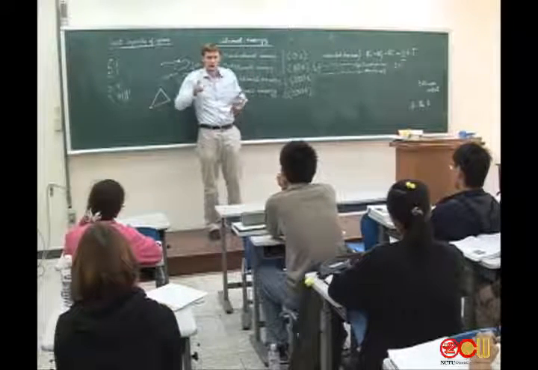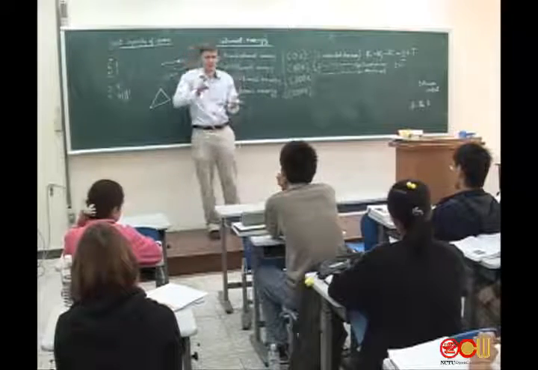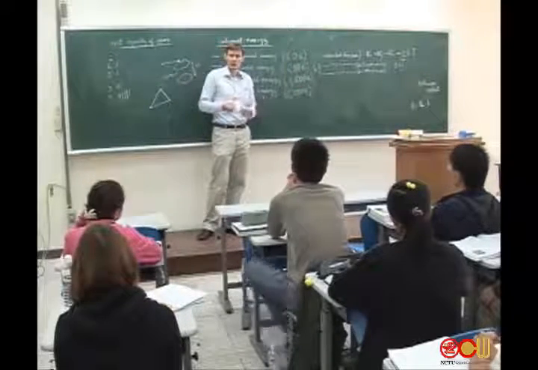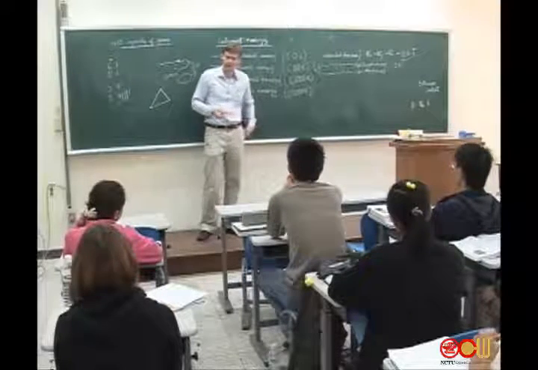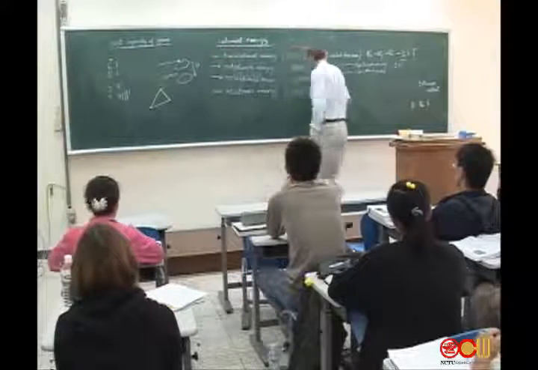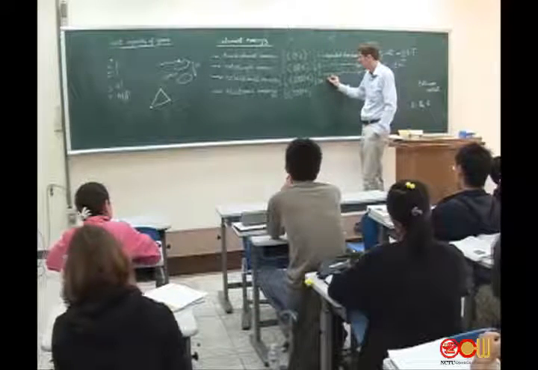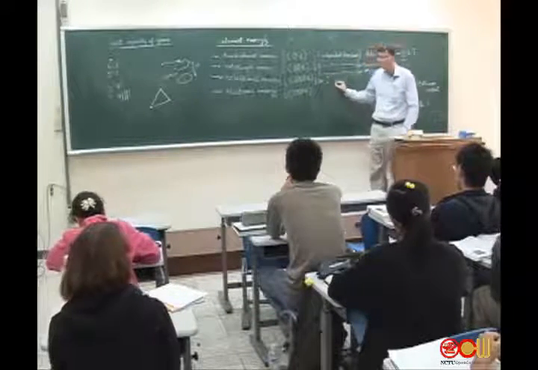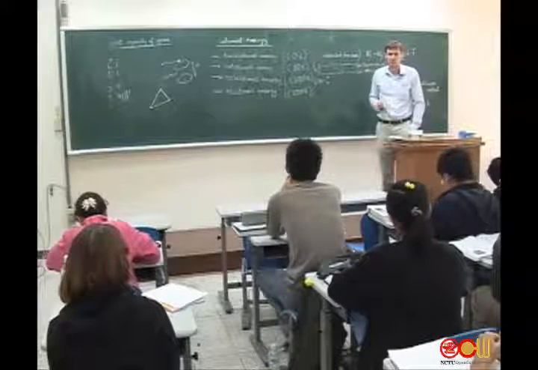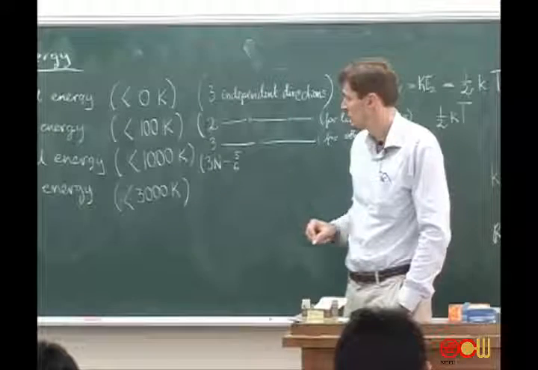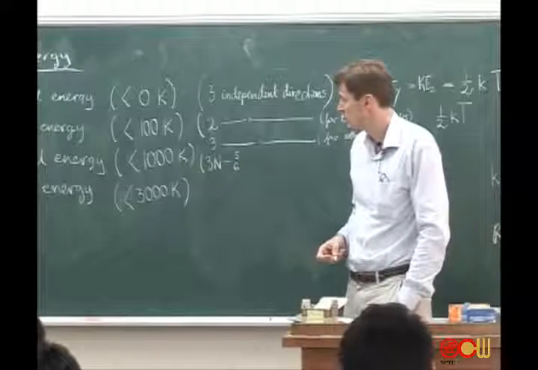Similarly, if all the atoms are moving such that the molecule is rotating, you have 2 or 3 rotations out of these 15. So the final number of vibrations is 3n minus 5 or 6, depending on whether it's a linear or non-linear molecule, when n is the number of atoms.